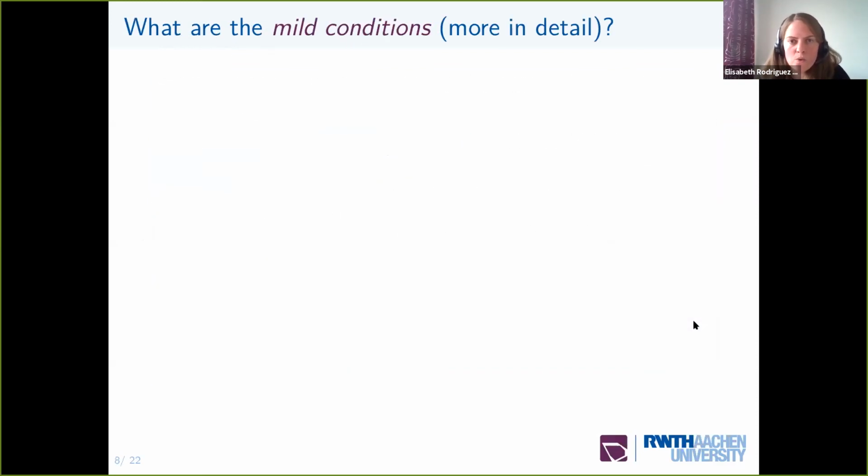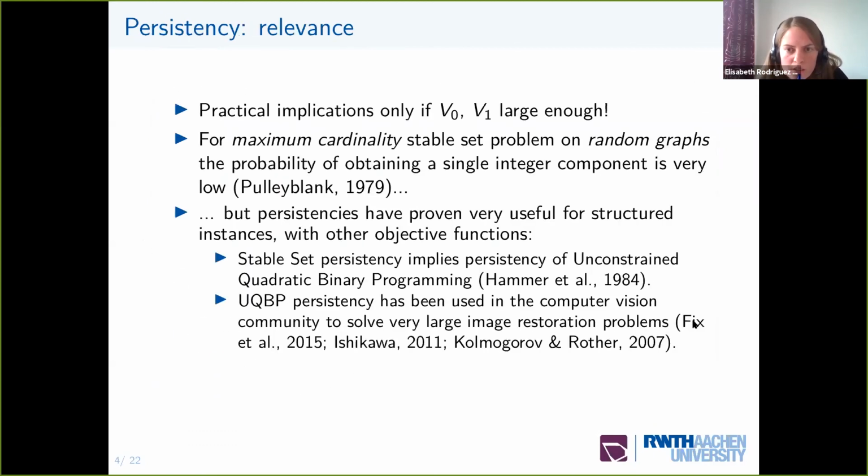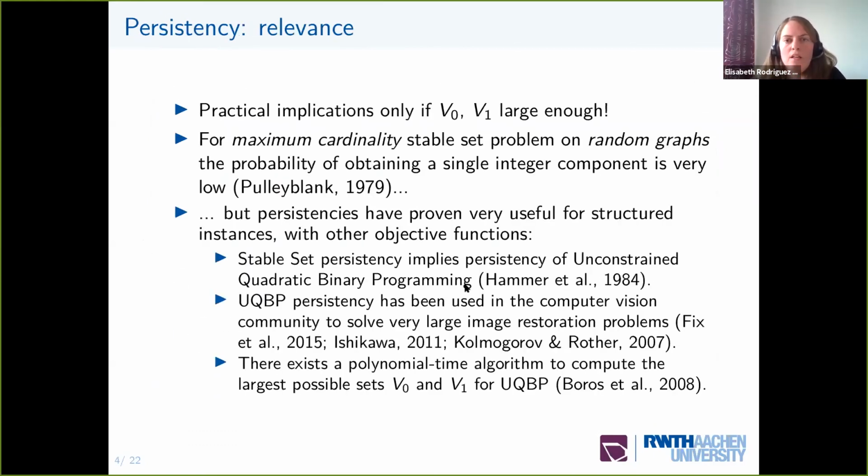So that's the other big problem about which I know about this persistency property. But one interesting open question, for example, is whether the persistency generalizes from quadratic to higher degree unconstrained programming, and that we don't know. And in these cases, the persistency property is used also in algorithms, right?